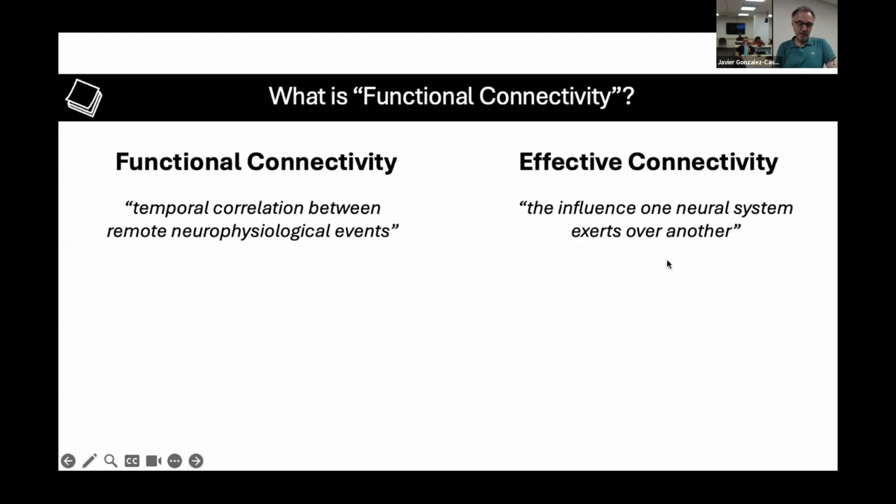This is kind of hard to measure with fMRI. Some people would argue it's possible, but there are a lot of problems that derive from the idea that in fMRI, we're not measuring directly neuronal activity, but we have that hemodynamic filter in between. So again, this is something that I'm not going to talk about here. I'm going to focus just on this basic, although very widely used concept of functional connectivity.